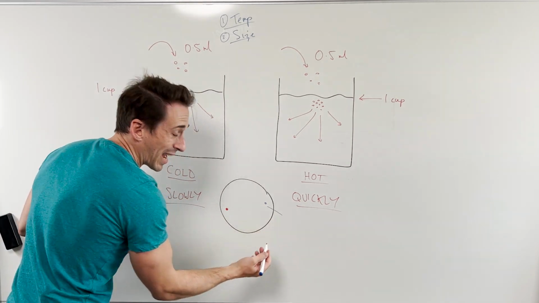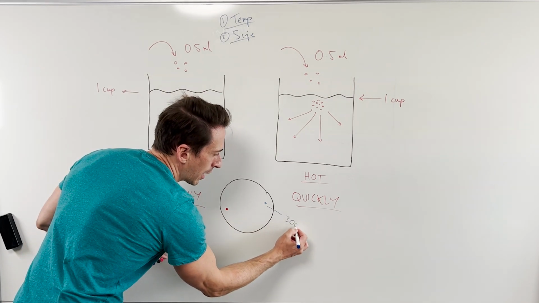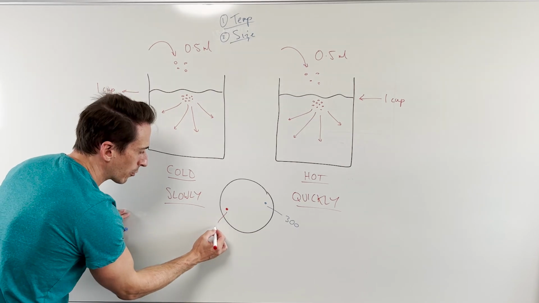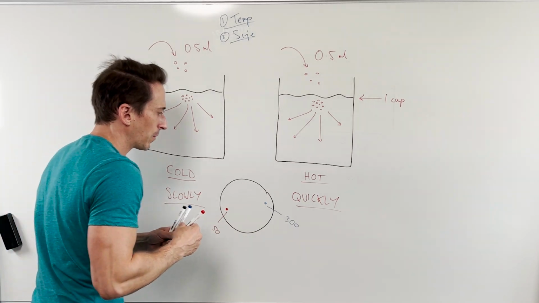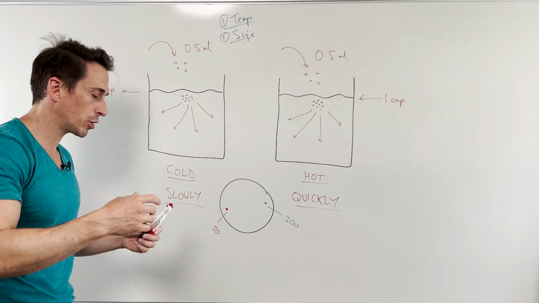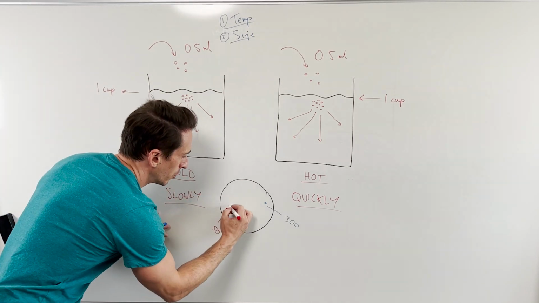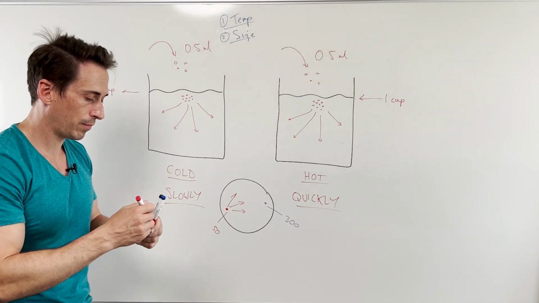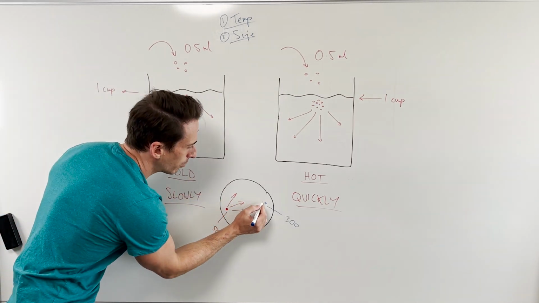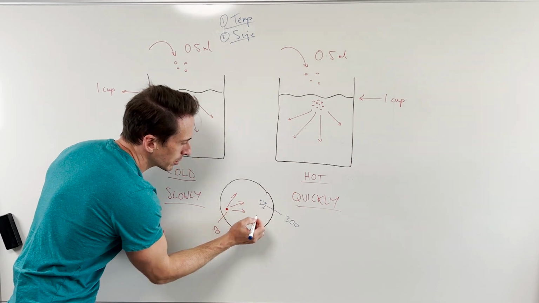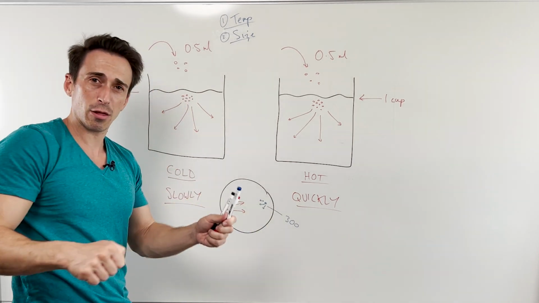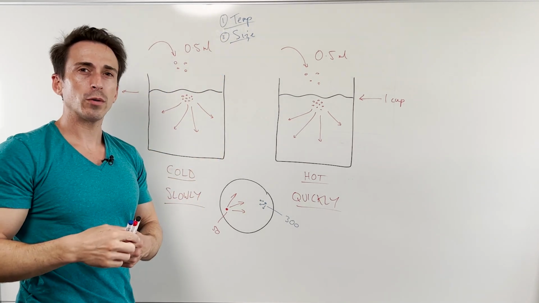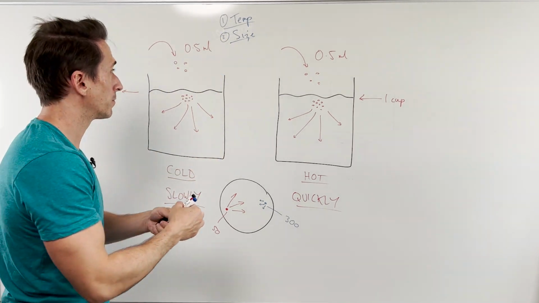But this one has a molecular mass of 300 and this one has a molecular mass, so this is just its weight, its size, of 50. And you watch the way it diffuses through, this one's going to diffuse more quickly because it's smaller. It can move through the medium far more quickly. This one moves more slowly because it's very big. It's hard to get through. So we've got temperature, we've got size. What if we were to add external energy?